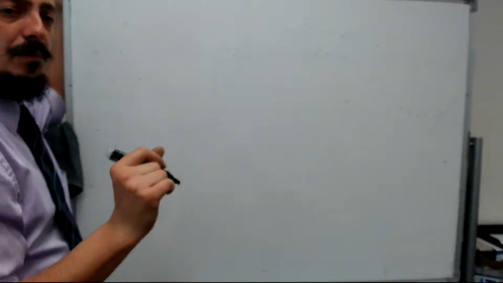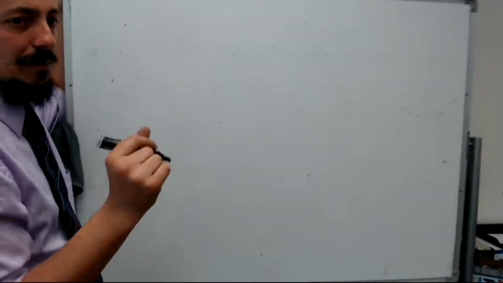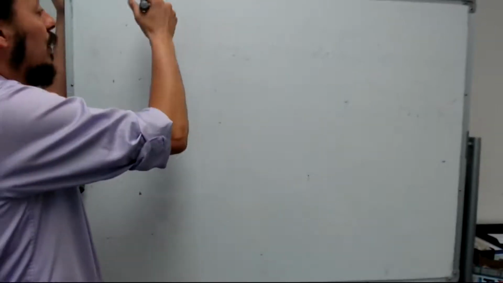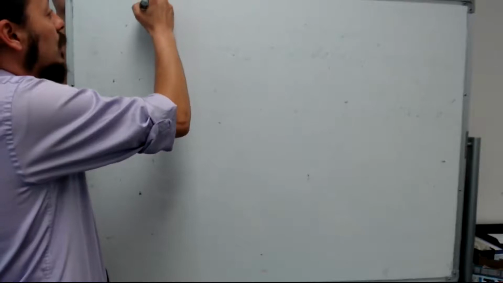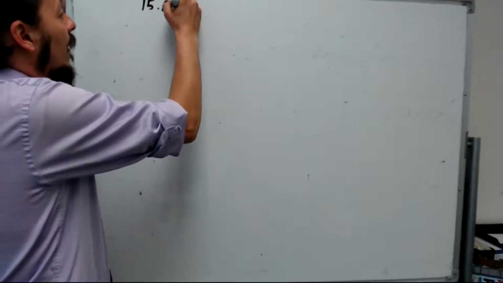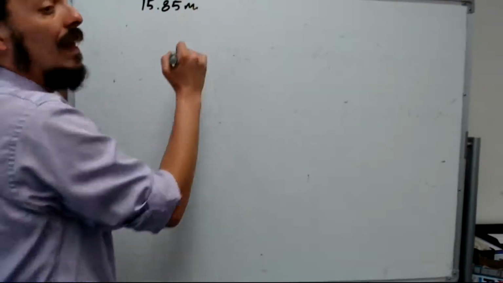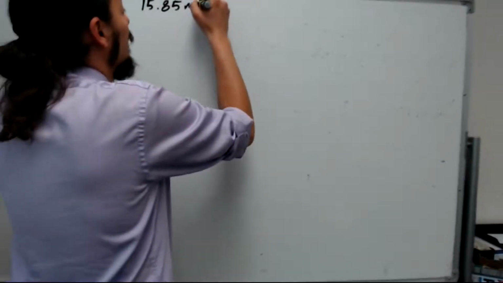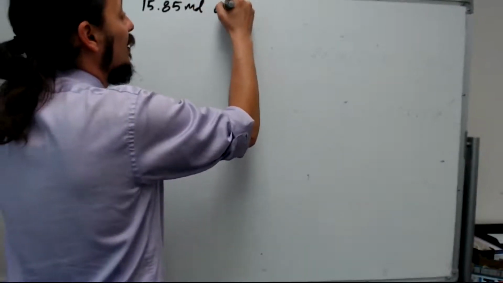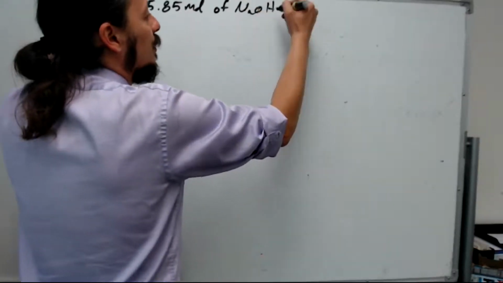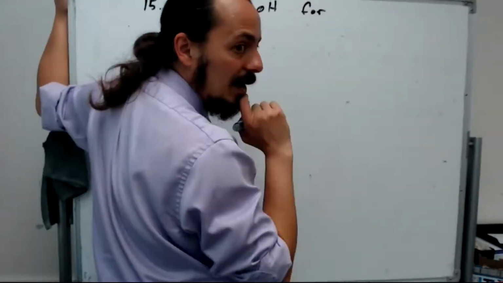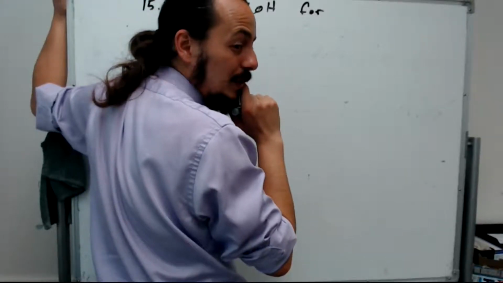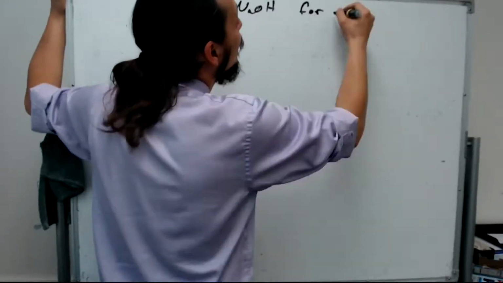How many moles of acetic acid did you have in that problem? Or the volume? Let's do volume. It was 15.85 milliliters that I had. Oh, that was the amount of base to the equivalence point. Let's do 15.85 milliliters of NaOH for how many milliliters of acetic acid? Should be 25.